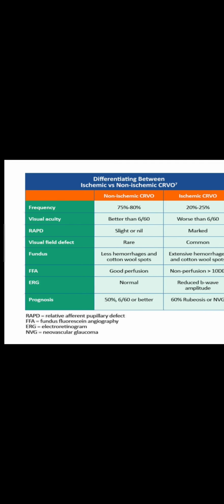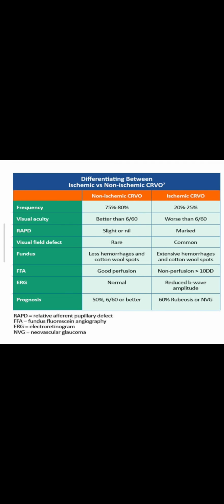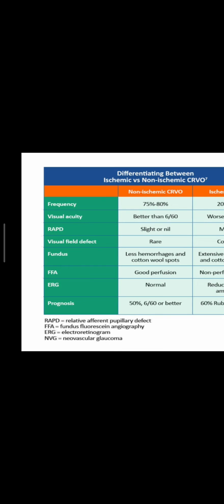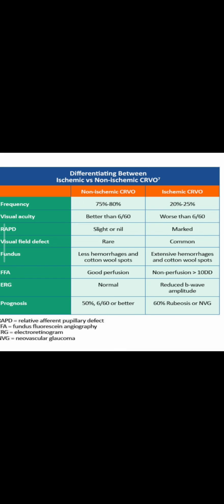If you check with fundus fluorescein angiography, there will be good perfusion in non-ischemic CRVO, whereas in ischemic there will be less perfusion. You should remember one more thing: in non-ischemic CRVO the relative afferent pupillary defect will be absent, whereas in ischemic it will be marked.